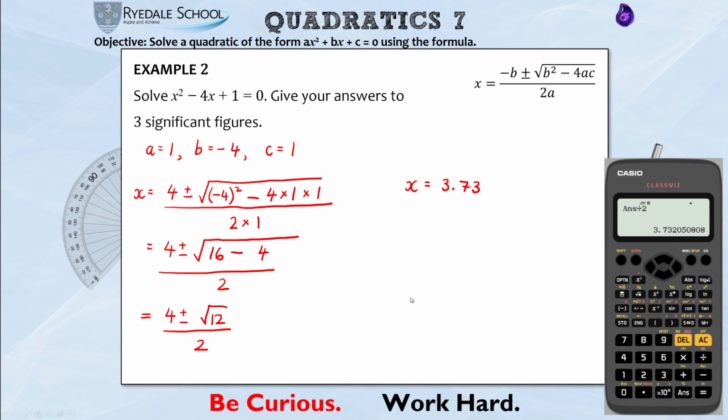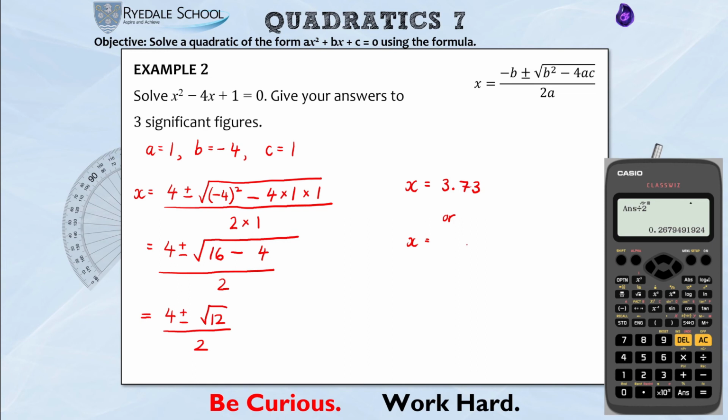So let's do the negative solution. So I need to type in 4 take away the square root of 12 divided by 2. Turn it into a decimal. Brilliant. So here we go with one that starts with a 0. So when I'm doing my 3 important numbers, I need to ignore the 0.